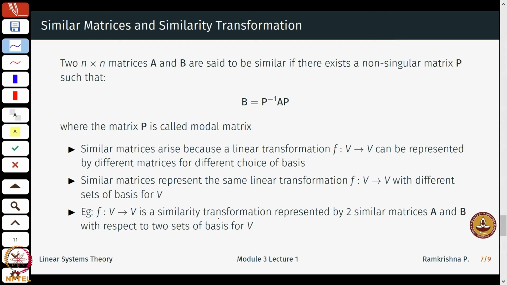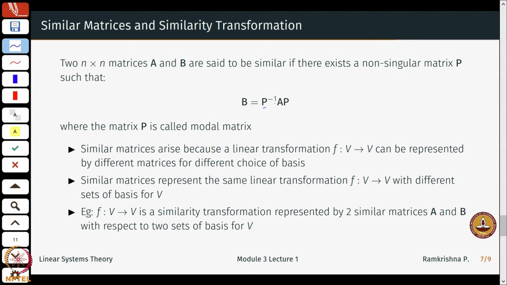Two matrices are said to be similar if there exists a non-singular, that is, invertible matrix P such that B is P inverse A times P. P is called the modal matrix. We will see how that comes about.